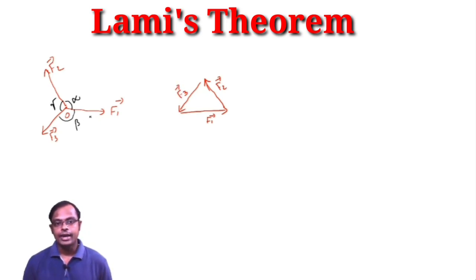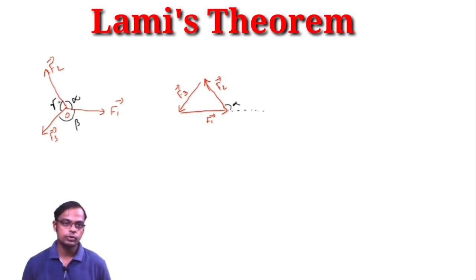Now, what is the angle between F1 and F2? That is alpha, right? If I extend this F1 vector like this, the angle is given as alpha, correct? If you shift this line, the angle between F1 and F2 becomes what? Alpha. If you keep F1 here and F2 here, that angle is alpha. Now, what is the angle between F2 and F3?